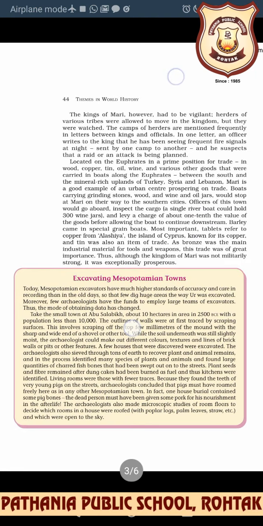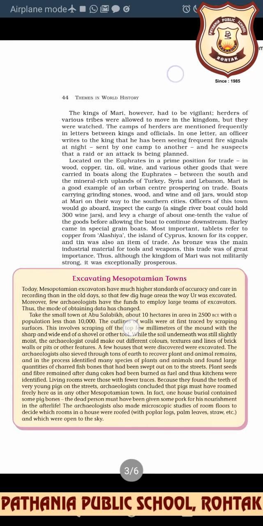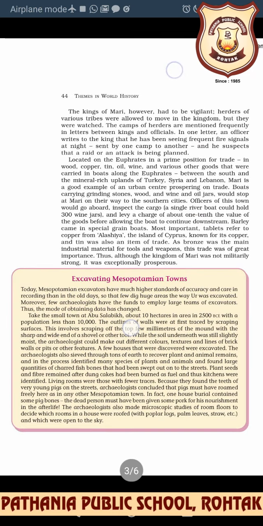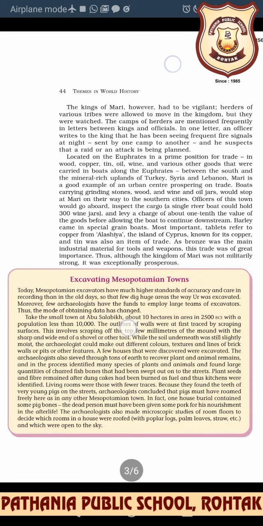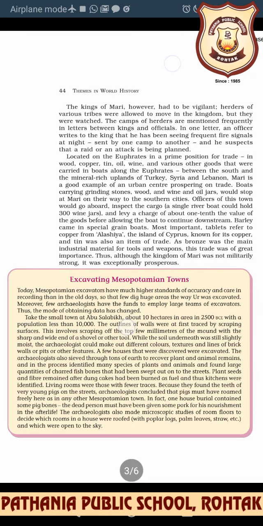And in whatever literary sources are found, in those official letters also, the camps of herders are mentioned frequently. And in one letter it is also mentioned that fire signals are seen at night, which means there can be chances of an attack or raid.